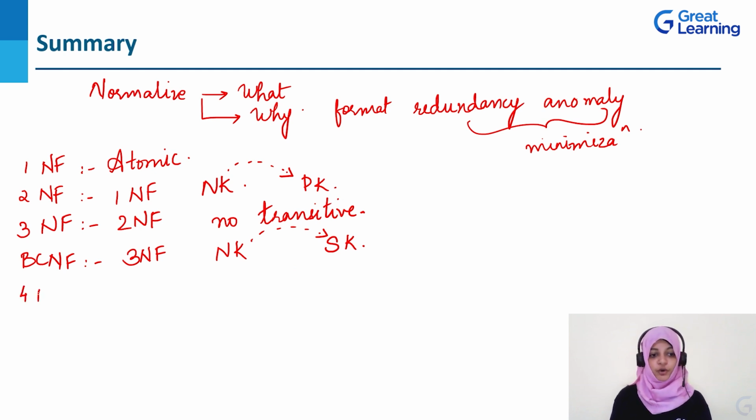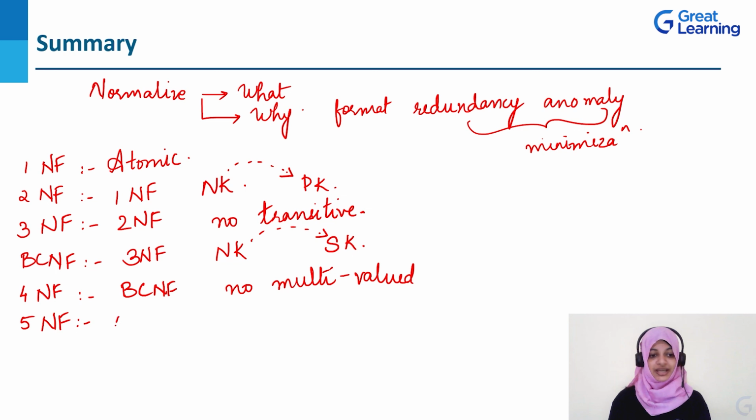Next, we've got the fourth normal form, which stipulates that the entity should initially be in the Boyce Codd normal form and that no multi-valued dependencies must exist. Lastly, we looked at the fifth normal form, wherein the stipulation is that the tables should be in the fourth normal form and that there should be no join dependencies.